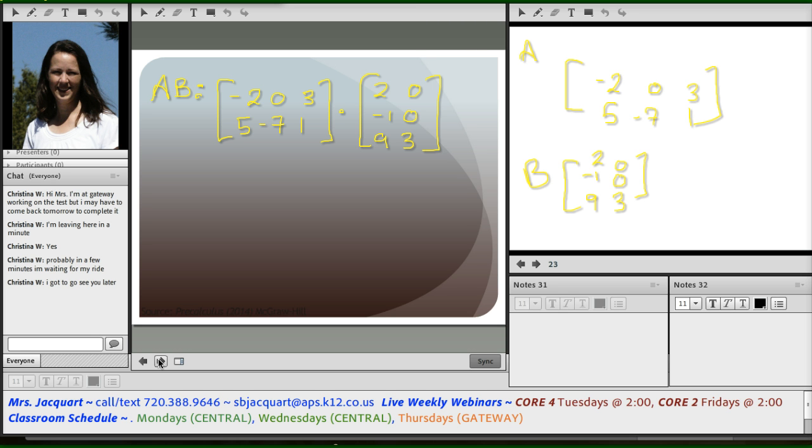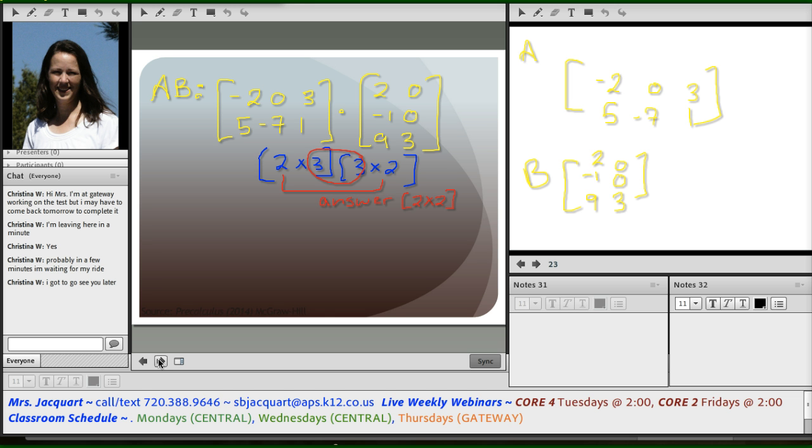This is a 2 by 3 times a 3 by 2. Our guts have to match, and the order of my answer will be a 2 by 2.